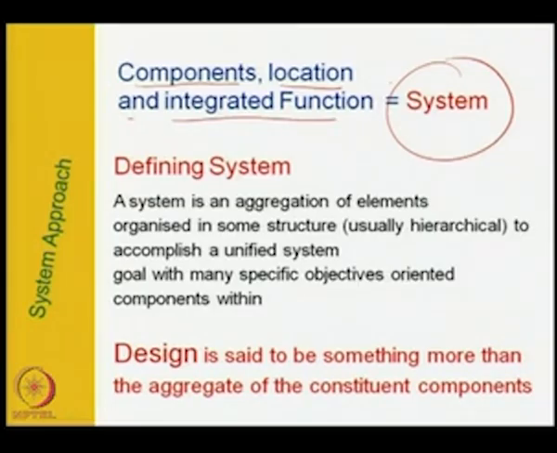Defining system: a system is an aggregation of elements organized in some structure, usually hierarchical, to accomplish a unified system goal with many specific objectives oriented components within.